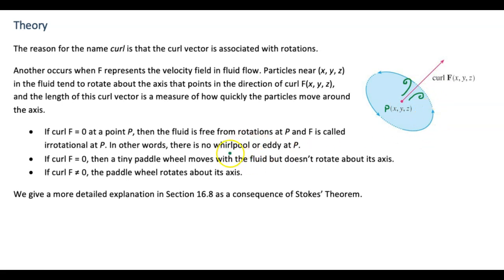So that's what we mean by this tiny little paddle wheel. If the curl of f is not equal to 0, then this paddle wheel would rotate about the axis. We're picturing this as a paddle wheel around this point P. And so we're going to talk more about this idea when we get to section 16.8 and even further down in the section when we talk about divergence.